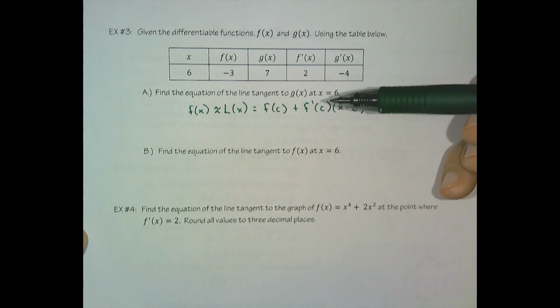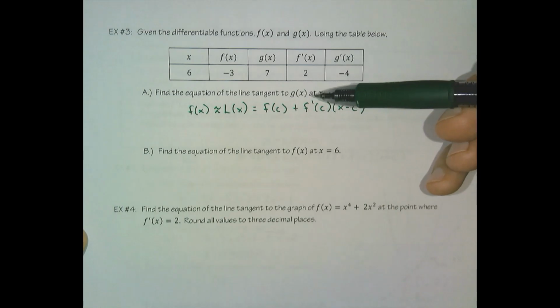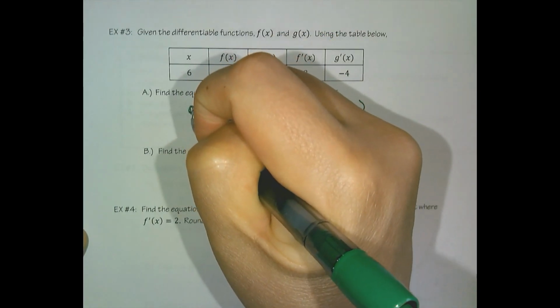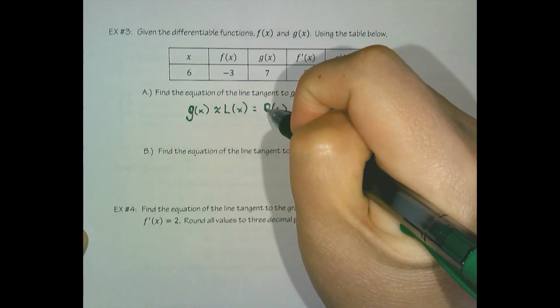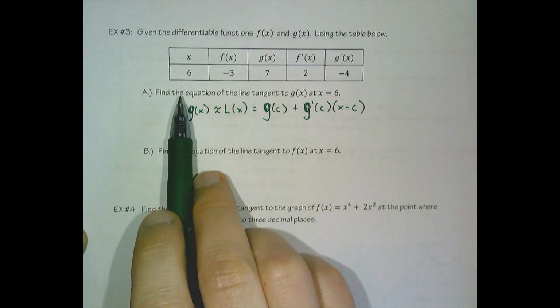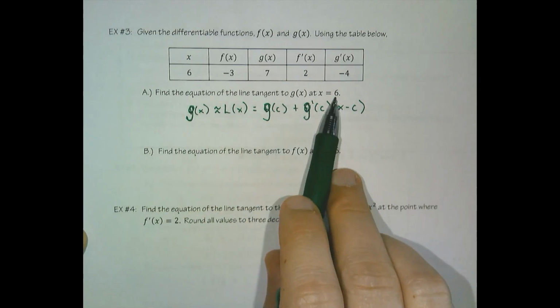In this case, they're wanting us to do this for the function g, so let's actually call this g. So find the equation of the line tangent to g of x at x equals 6.